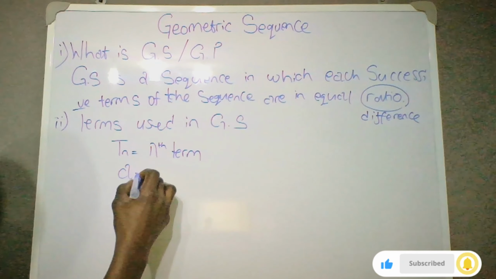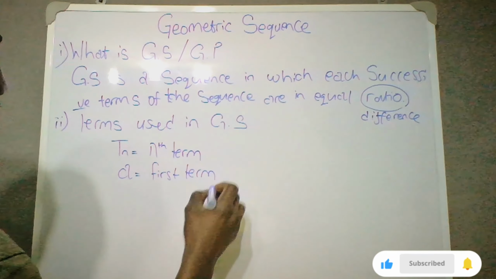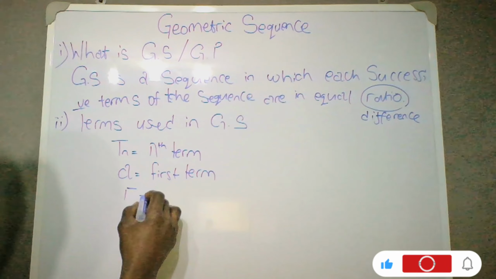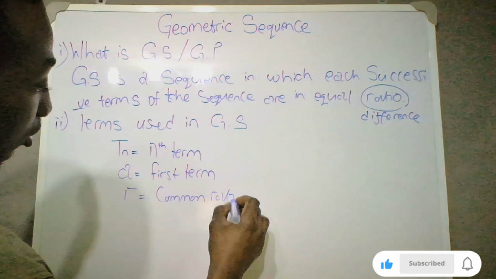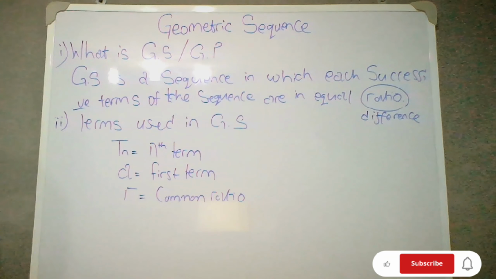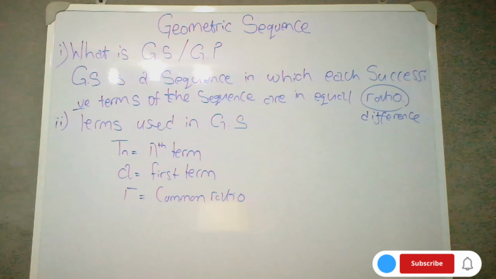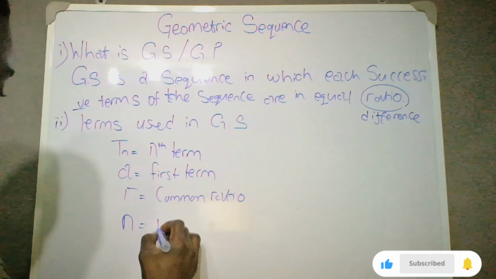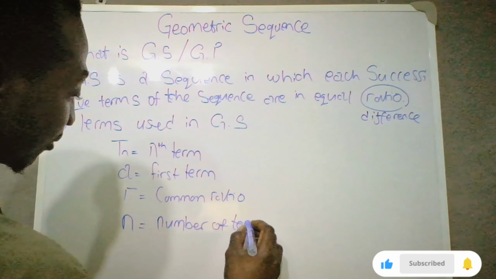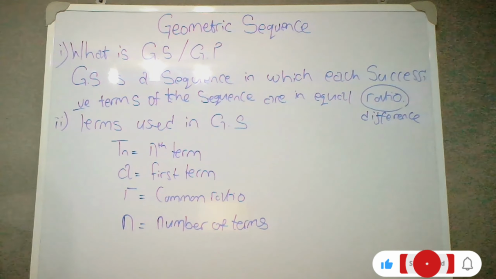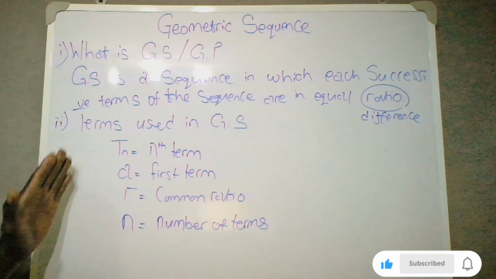We also have the first term, which is A. We also have the common ratio. We also have the number of terms, which is n.